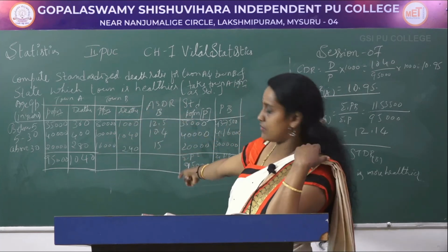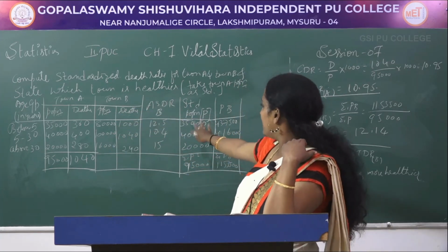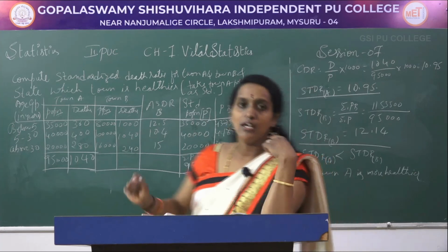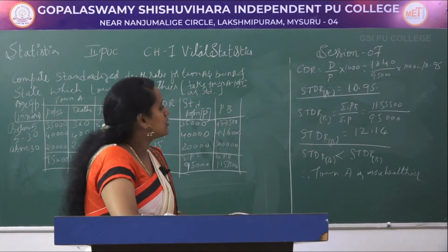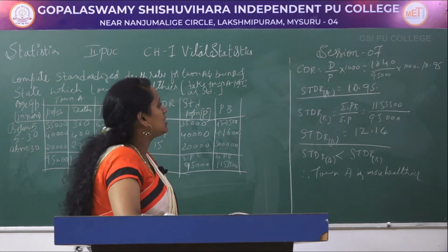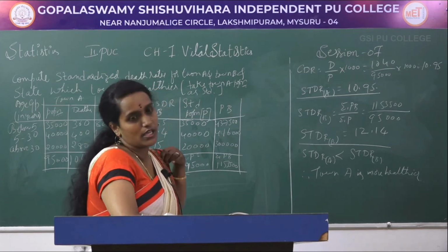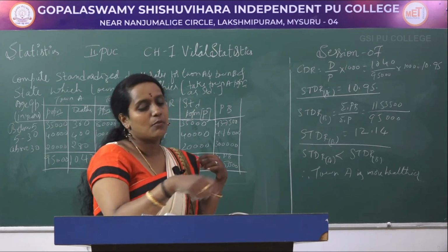I have rewritten that, take the product of P into B, then take the summations, then substitute in the given formula so that you will get the values. Again here STDR of town A is less than B. So here also town A is more healthier.